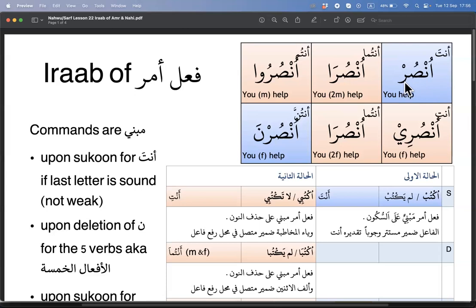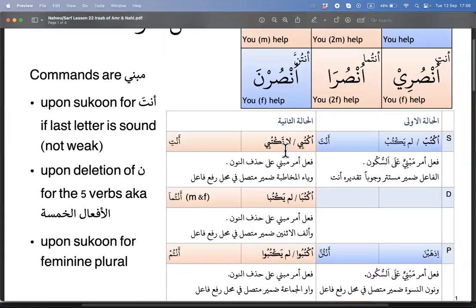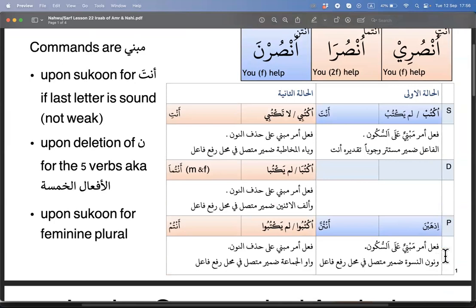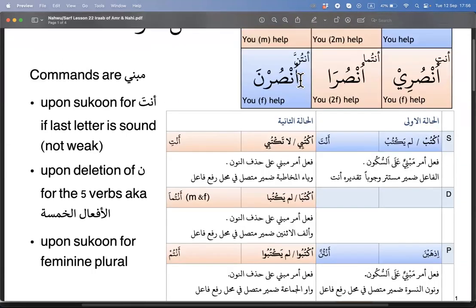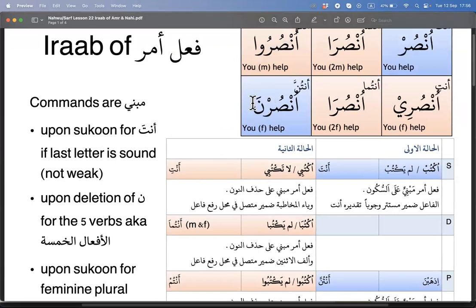Okay, antunna. Antunna is also mabni ala sukun. Both the blue ones are mabni ala sukun. And of course, this one is not dhamir mustatir. The sukun nun, that nun is nun niswah, right?